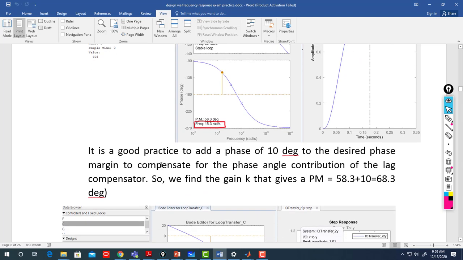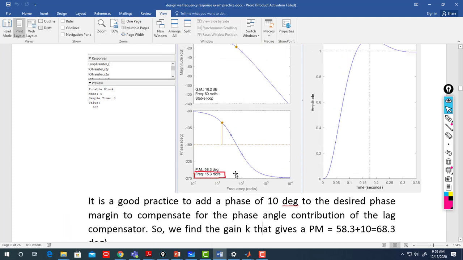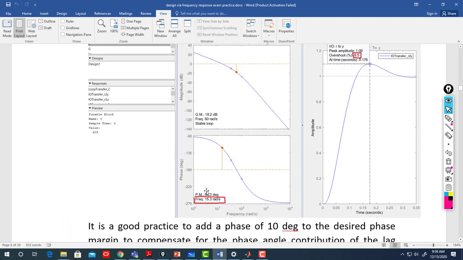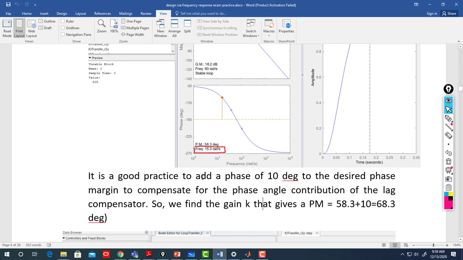Then they said it's a good practice to add a phase of 10 degrees to the desired phase margin. Our desired phase margin is 58.3, because this phase margin leads me to my desired overshoot, which is 9.5. But here they are telling me it's a good practice to add 10 degrees to the desired phase margin. Therefore, when designing, my desired phase margin is 58 plus 10.